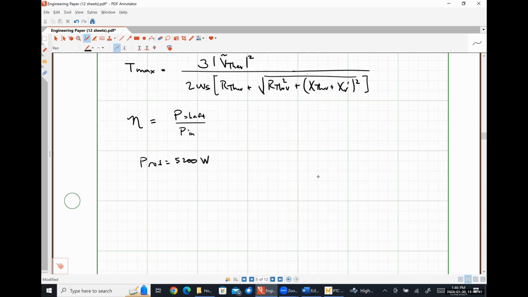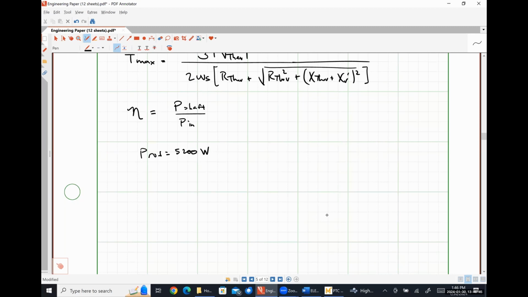I'll have to double check my solution because it's been a year since I looked at this, but here are my thoughts here, right? So we found the maximum mechanical torque in a previous step.